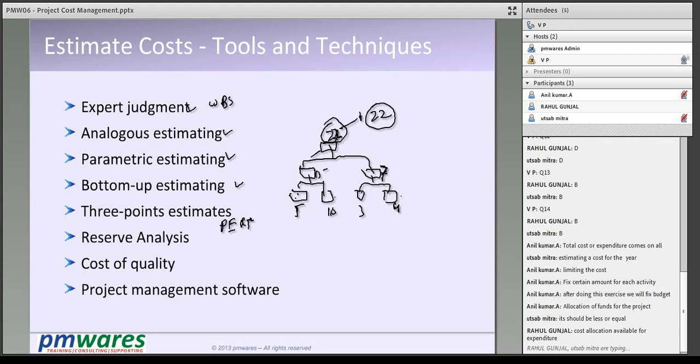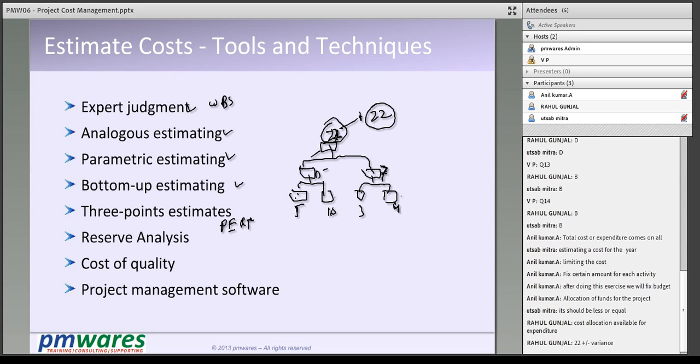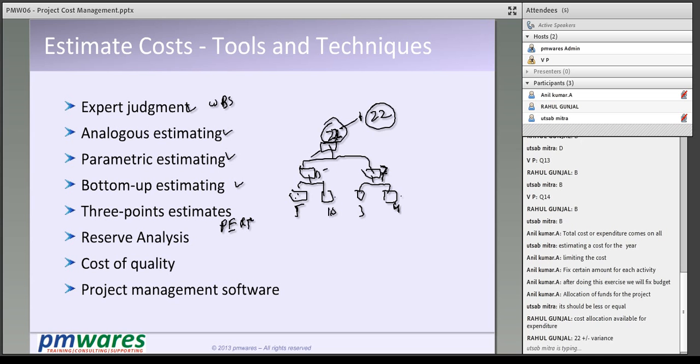Cost allocation available for expenditure. That is right. But that will be same as estimate. Okay, plus minus variance. And how much is that variance? In budget also, budget is a baseline, right?